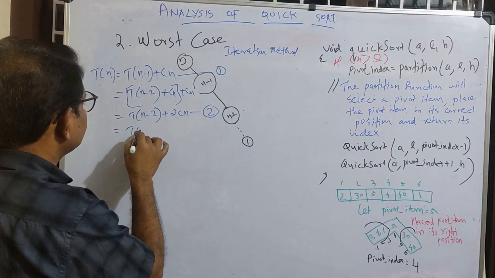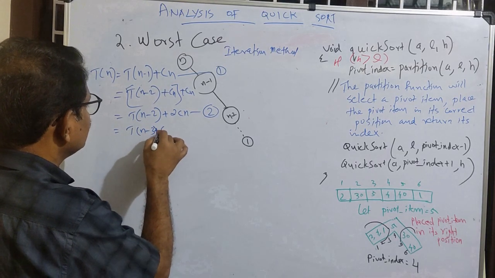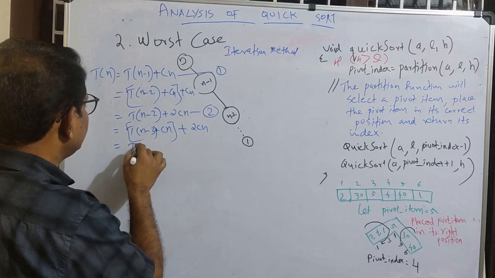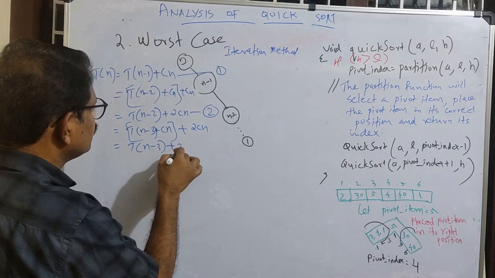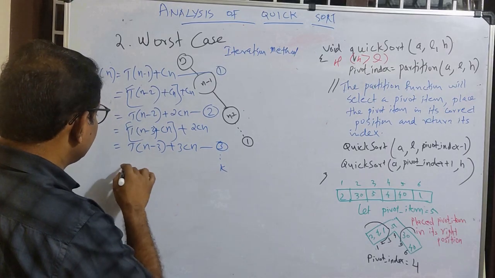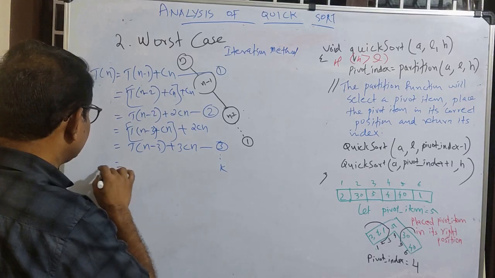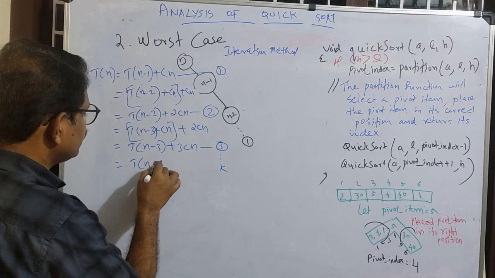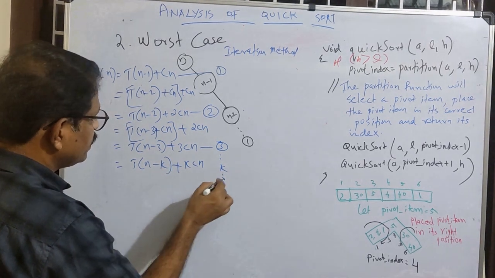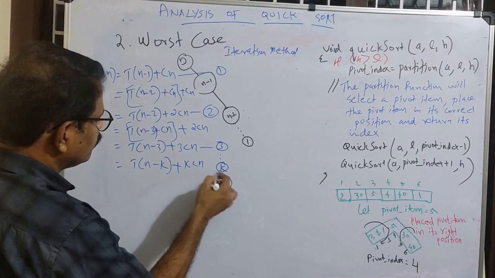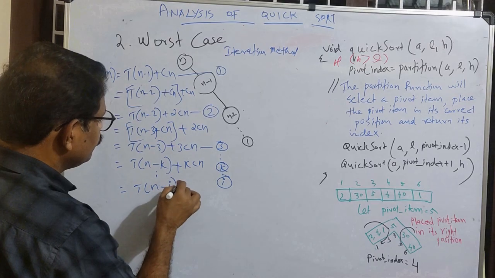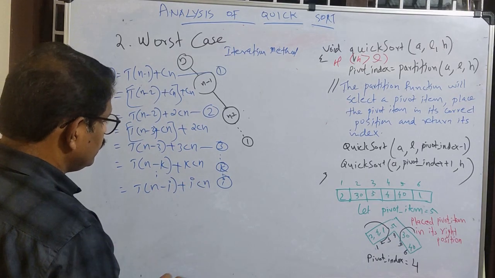If we proceed, T of n minus 3 plus Cn plus 2Cn. So this will be T of n minus 3 plus 3Cn. This is our third equation. In general, our kth equation will be T of n equal to T of n minus k plus kCn. Our ith equation will be T of n minus i plus iCn.